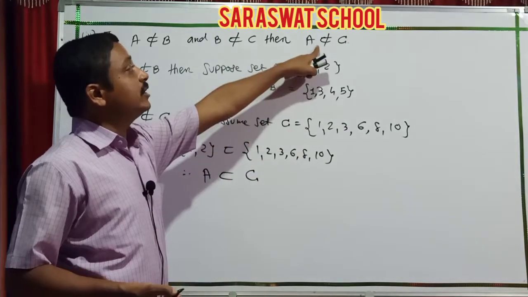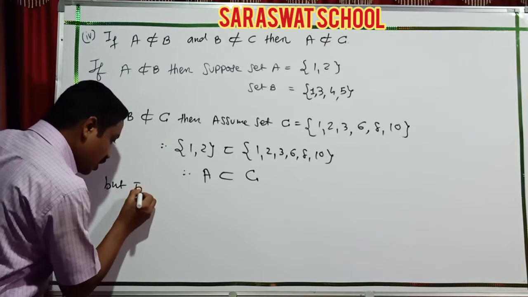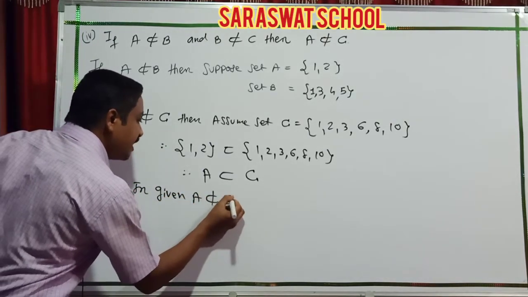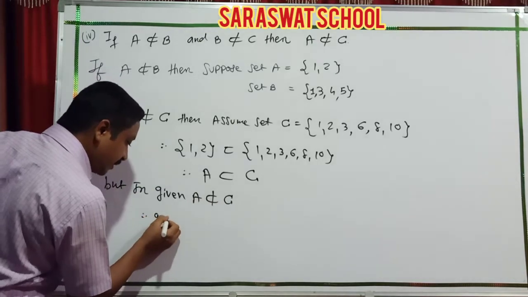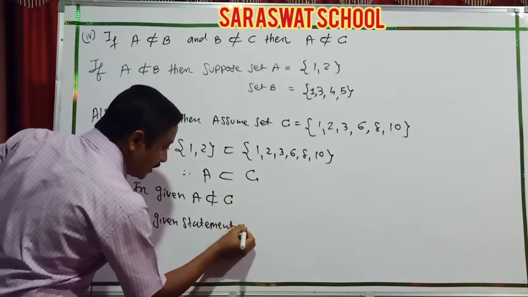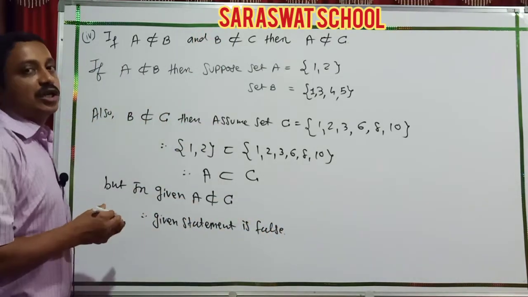But according to the given statement, it is not a subset. But in the given, A is not a subset of C. Therefore, the given statement is false. Our statement is totally false.